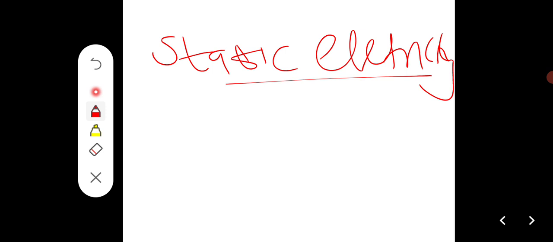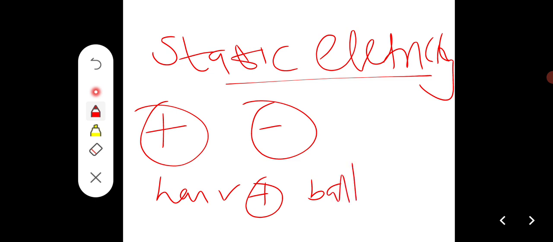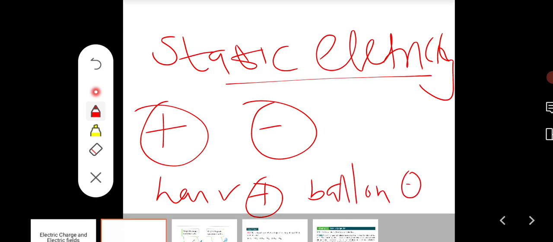An electric charge can either be positive or negative, depending on the type of material you are using. For example, as you rub your hair against your balloon, the hair becomes positively charged, whilst the balloon becomes negatively charged.